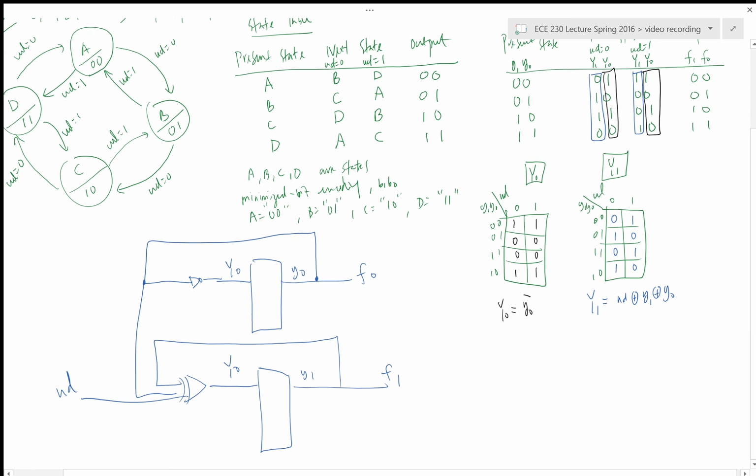And this is clock, data, Q, and D, Q, clock. This is our up down counter. Okay, hope this helps.